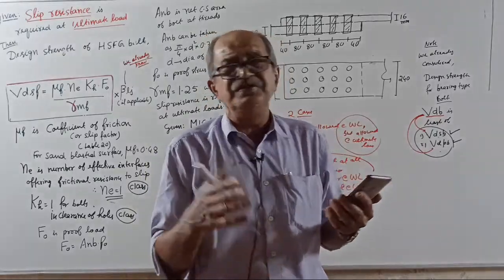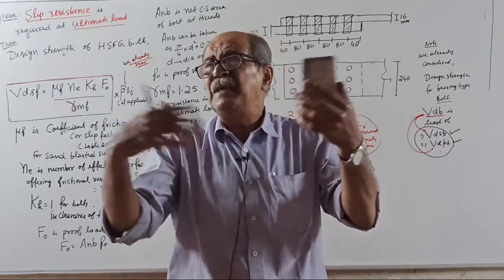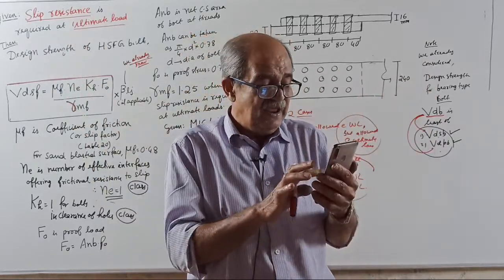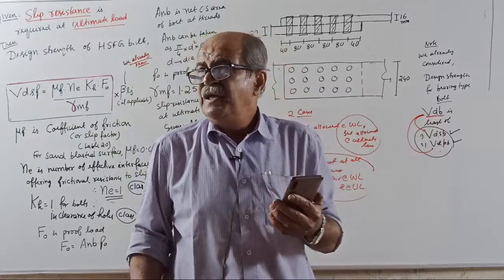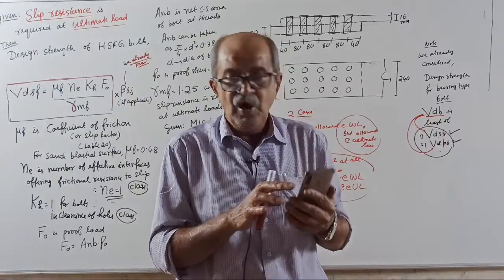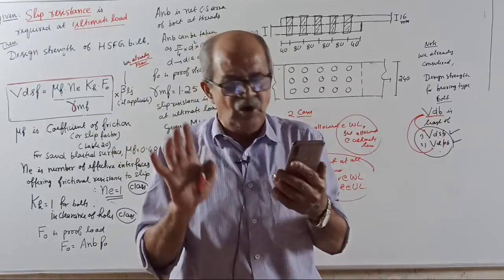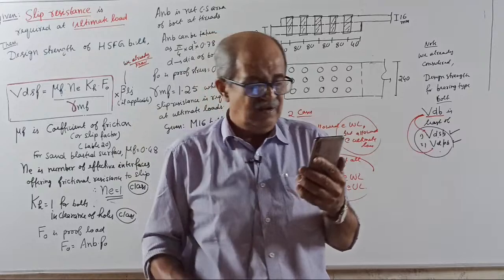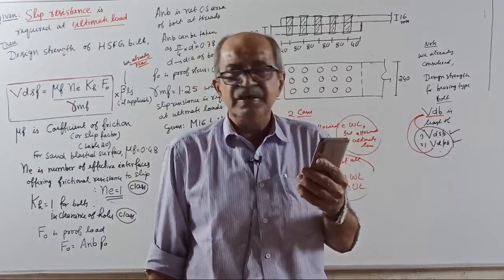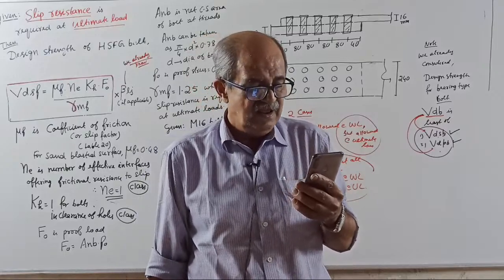Suppose friction force is not sufficient and the plate slips. The connection will not fail. Tell the reason. Of course, the joint becomes a little weaker, no doubt. But why nothing to worry? In case it slips, why nothing to worry?